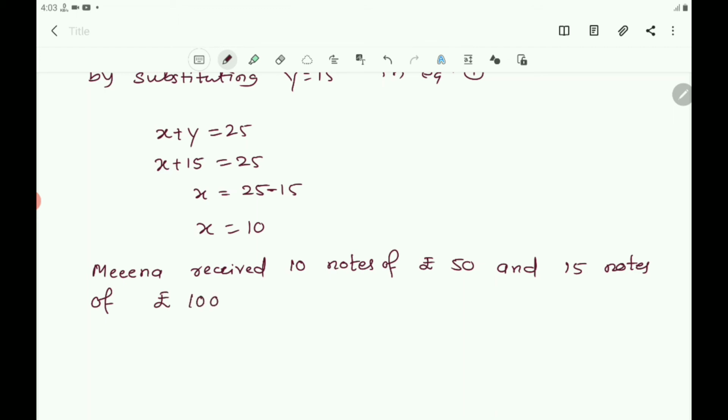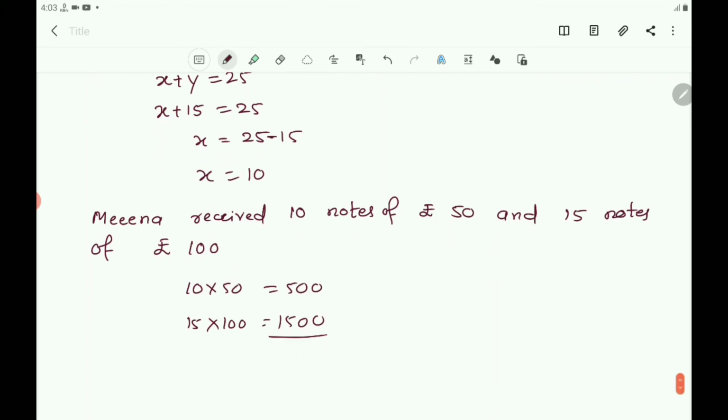You calculate here. 10 into 50, that is 500, and you write 15 into 100, that is equal to 1500. Totally she got 2000 rupees.